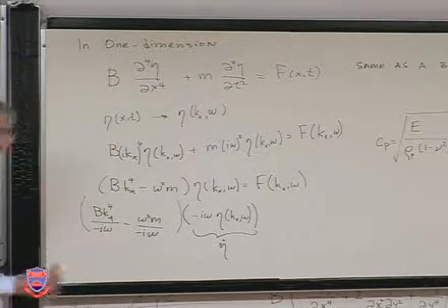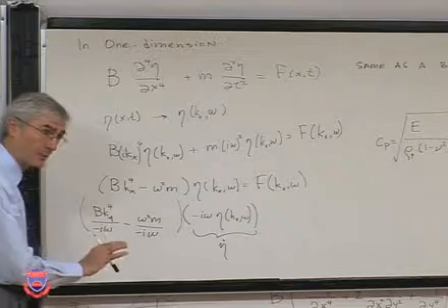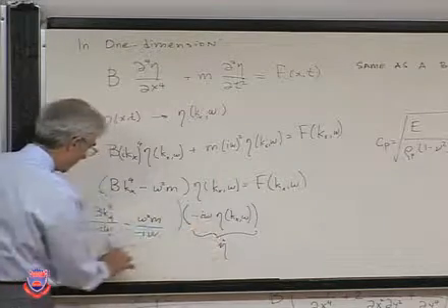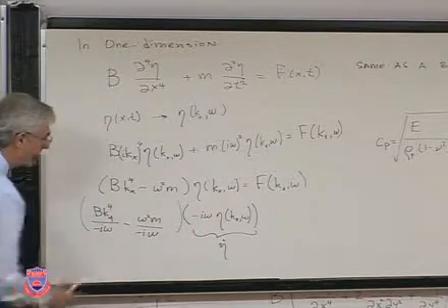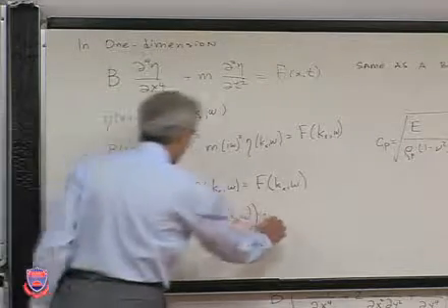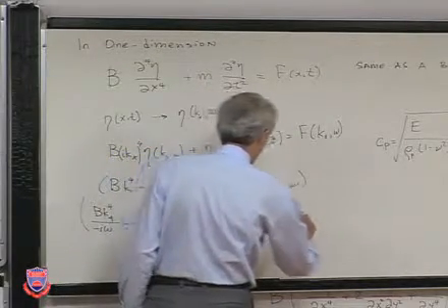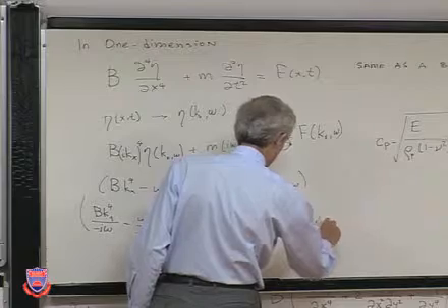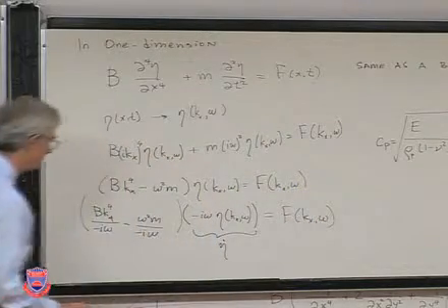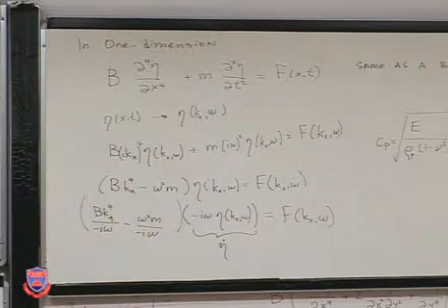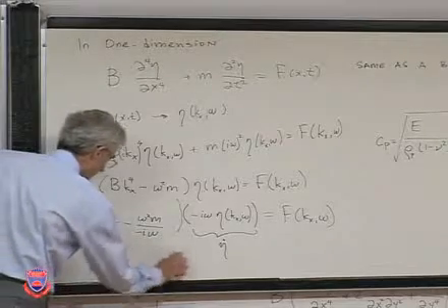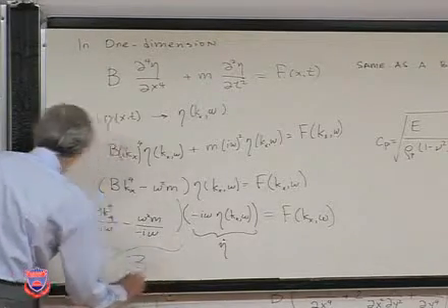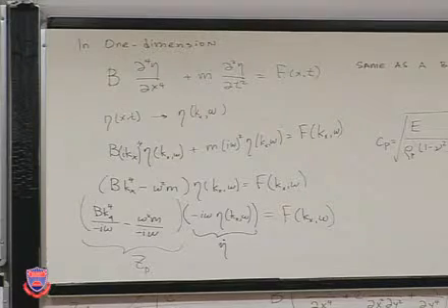Okay, right, no problems here, I omega minus I omega. Let's simplify this over here. We haven't changed anything on the right hand side. Okay, now this is going to be our impedance for the plate.